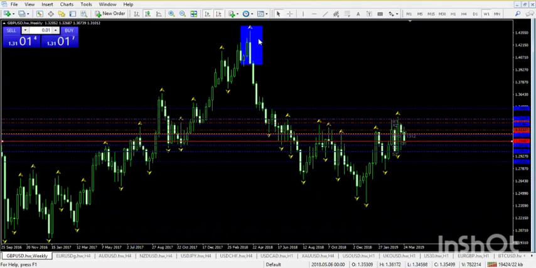It depends on how your candlestick looks. What I mean is that the candlestick next to it is an ascending candlestick. The body of this candlestick has gone further than the body of the previous candlestick, and it has been completed below that.